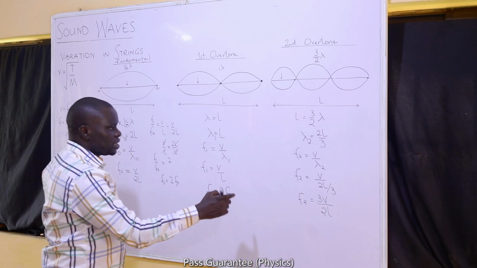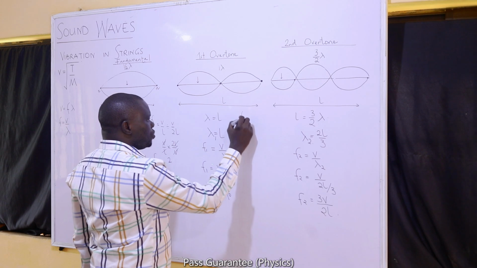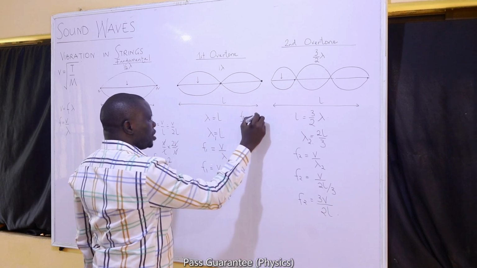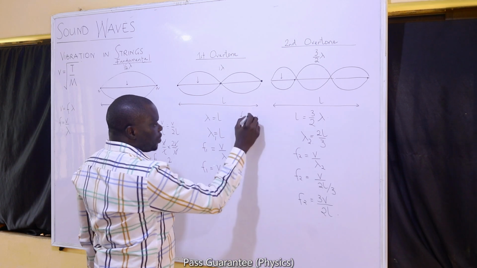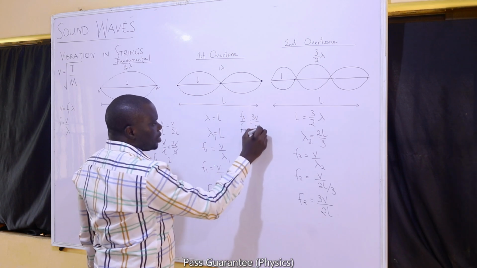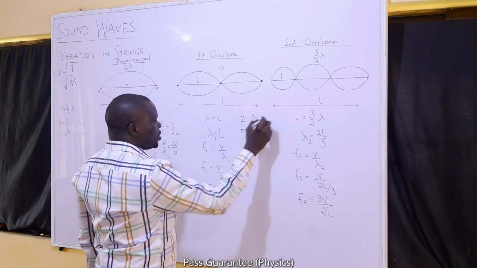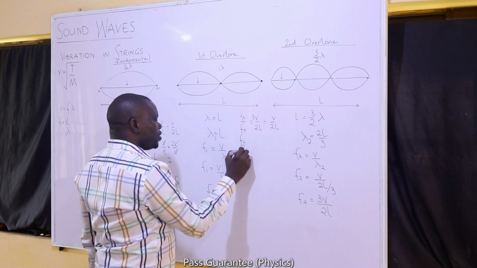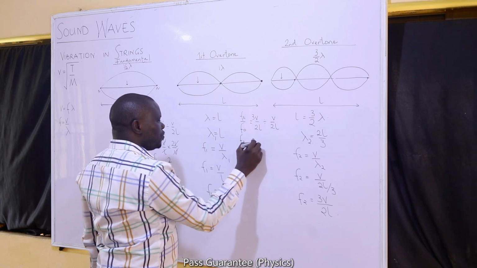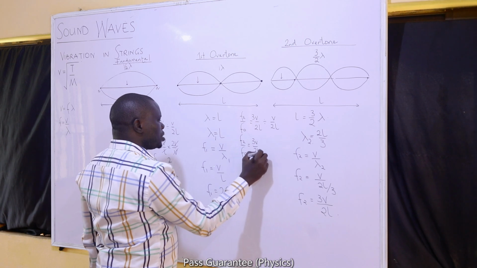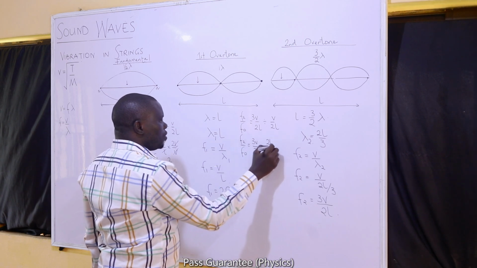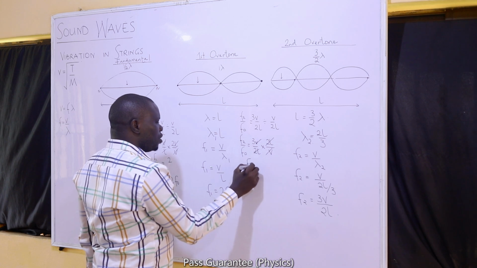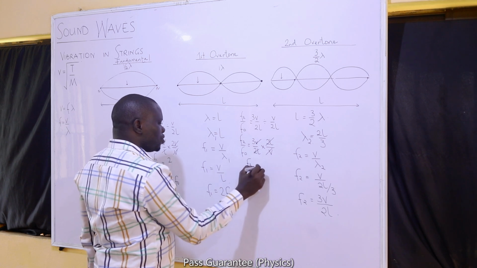If I do the same thing here, F2 all over F0 must be equal to 3V all over 2L divided by F0, which is V all over 2L. If I do that, F2 all over F0 must be equal to 3V all over 2L multiplied by 2L all over V. This cancels out this, V cancels out V. F2 all over F0 must be equal to 3.